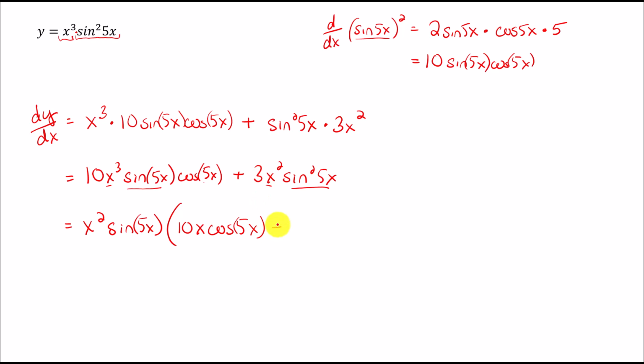And then over here, I would have a 3, and I would just have a sine of 5x. And that's really as far as I could go. So that's my derivative, okay? And that would be easier to solve than this one, because this is really like factored form. This is a factor, this is a factor, and then this whole parentheses here is a factor, which we could solve if we needed to, okay?